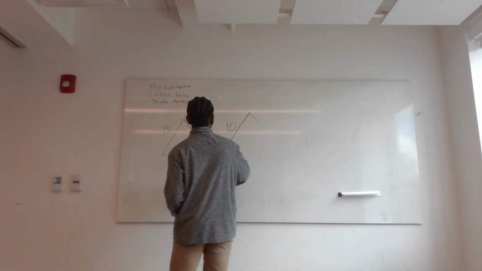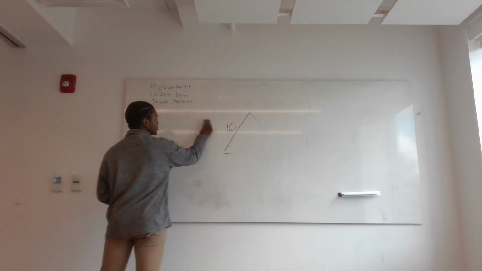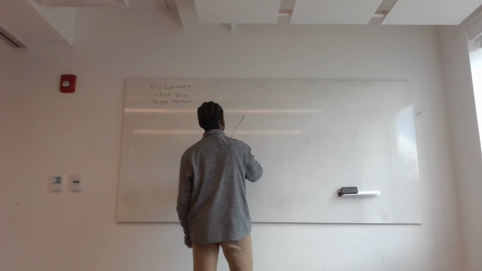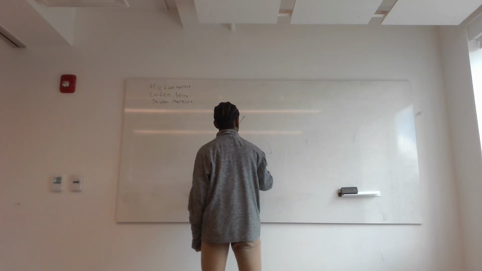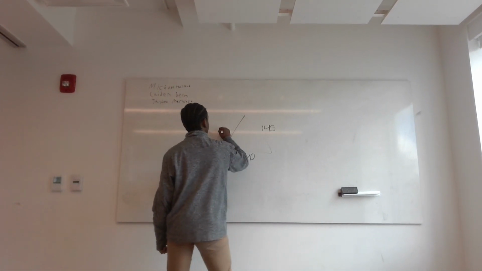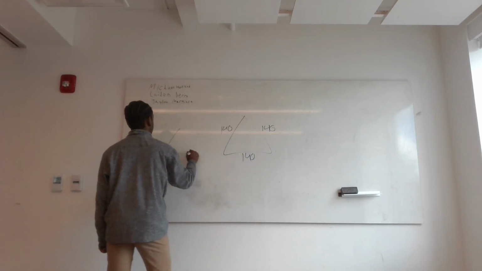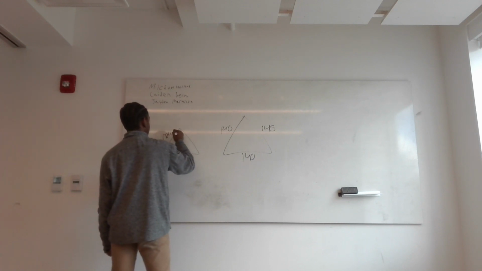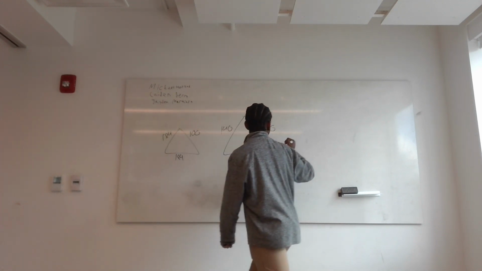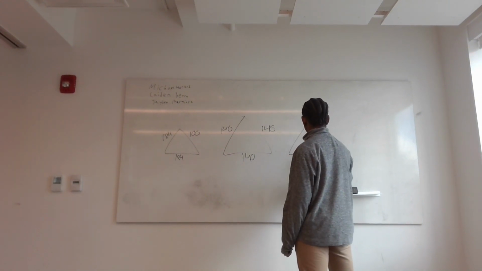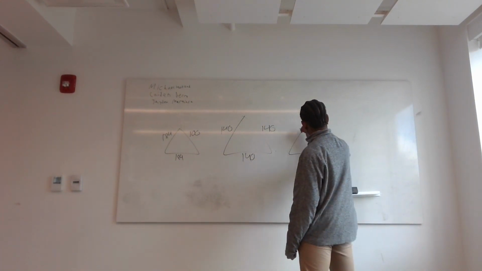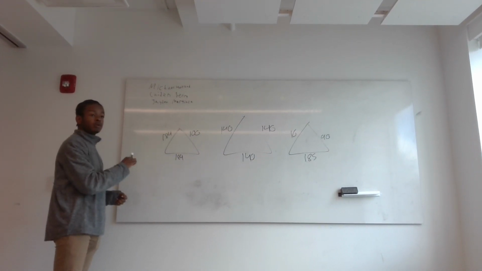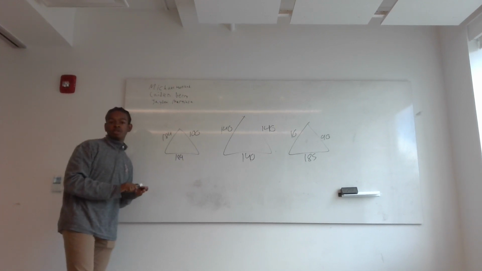Now, we're going to do a little quiz to make sure you guys are paying attention. The questions are: which one is the equilateral, which one is an isosceles, and which one is a scalene?